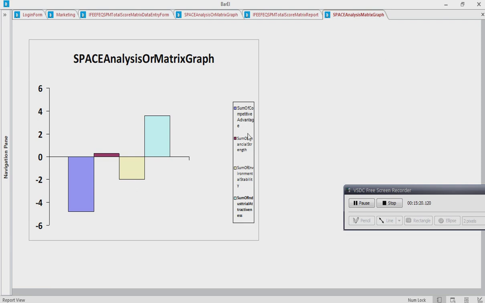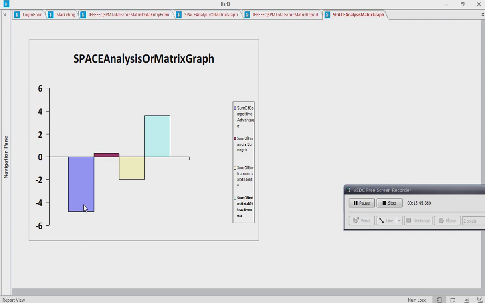This is the graph. You can see that the sum of competitive advantage is longer. The sum of industrial attractiveness is longer. So the longest is this one, and the sum of competitive advantage.